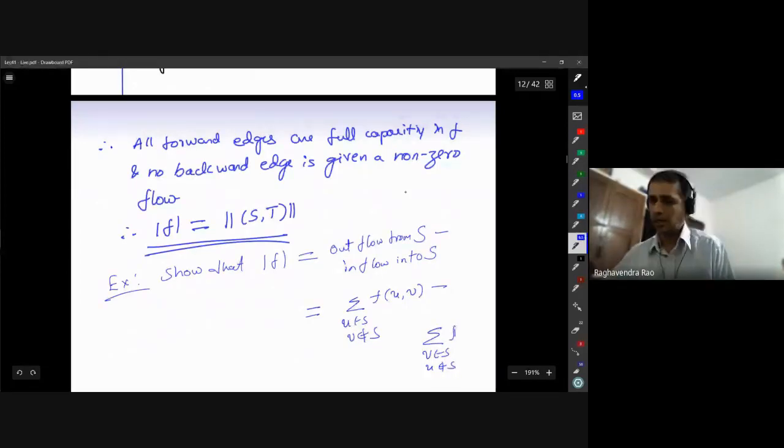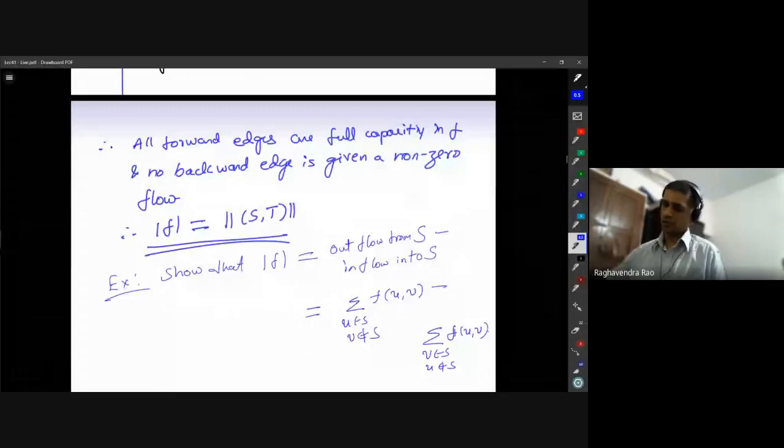This is something I didn't prove, so I'll leave it to you. It just follows from the flow conservation.